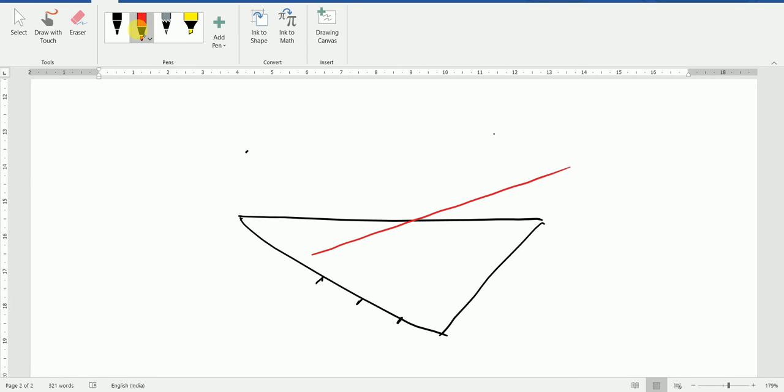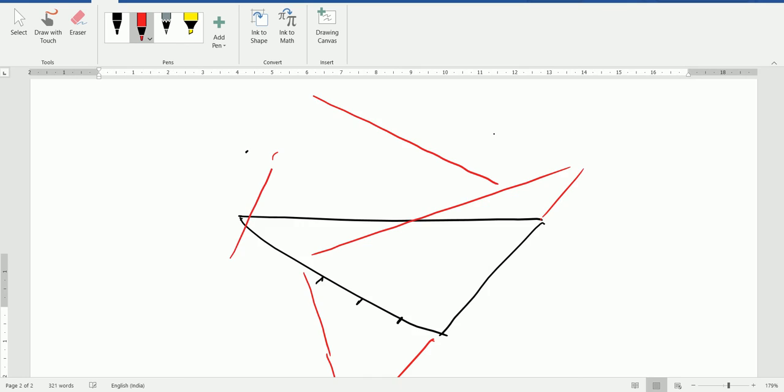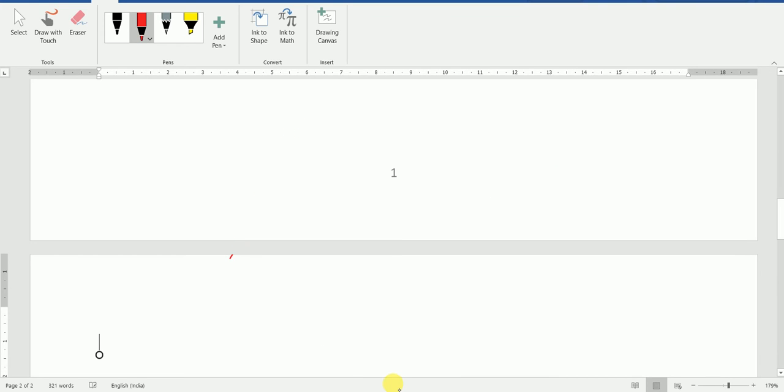For example, this is the set square, and we need to put another set square like this. Suppose this is another set square.